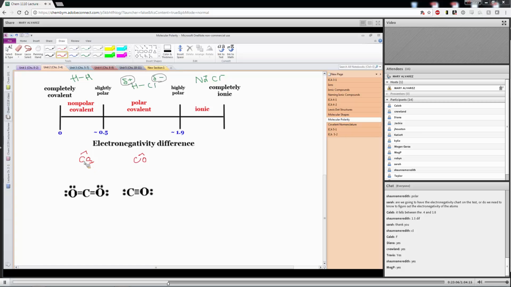Because I have to look at each bond individually, and I have to see how it relates to the shape. Okay, so here's my carbon dioxide, here's my carbon monoxide, and I know that the carbon-oxygen bond is polar. So this carbon-oxygen bond, this one right here, is polar. I could say I've got a partial positive on this carbon and a partial negative on that oxygen. Everybody agree with me here?